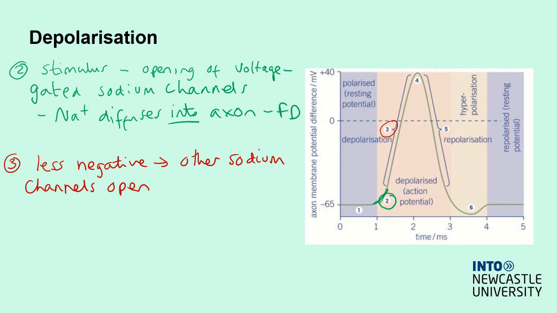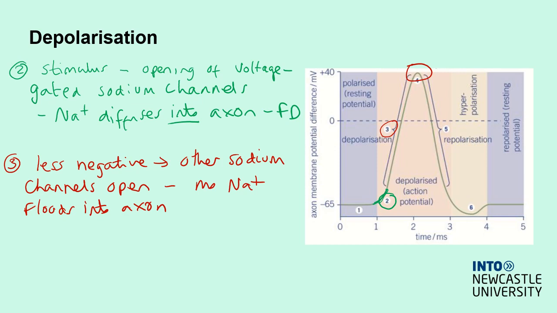So more sodium channels open, which means that more sodium floods into the axon, bringing with it the positive charge. So it means that we will get up to the plus 40 of the action potential itself.